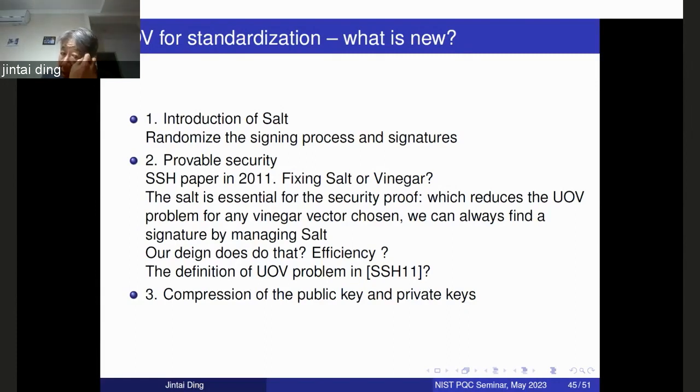One thing I would like to point out is that after studying the SSH 11 paper very carefully, their definition of the UV problem has some issues related to the distribution. Maybe my time, it's 40, so I can still say it. The definition of the UV problem is probably not in the standard form.